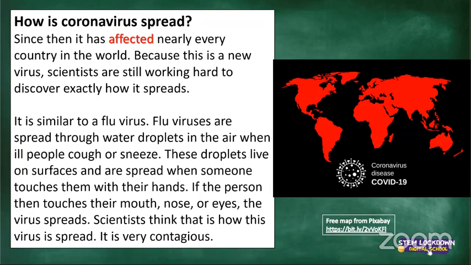Flu viruses are spread through water droplets in the air when ill people cough or sneeze. These droplets live on surfaces and are spread when someone touches them with their hands. If the person then touches their mouth, nose, or eyes, the virus spreads. Scientists think that is how this virus is spread. It is very contagious.